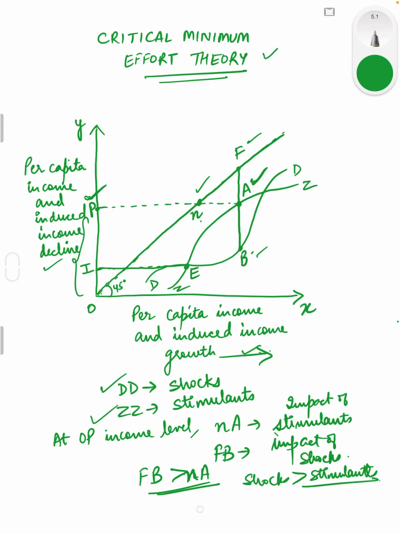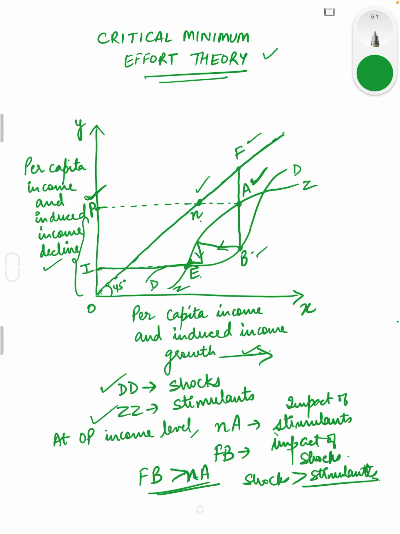This was not the minimum amount of investment that could make the growth process self-propelling. Because the shocks are stronger than the stimulants, the economy will revert back to this low level of development, that is point E. So the economy will come back to a low level of development because shocks are going to pull the economy back to a low level of income.